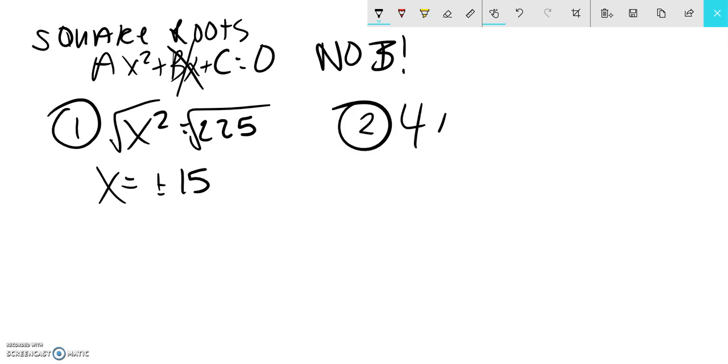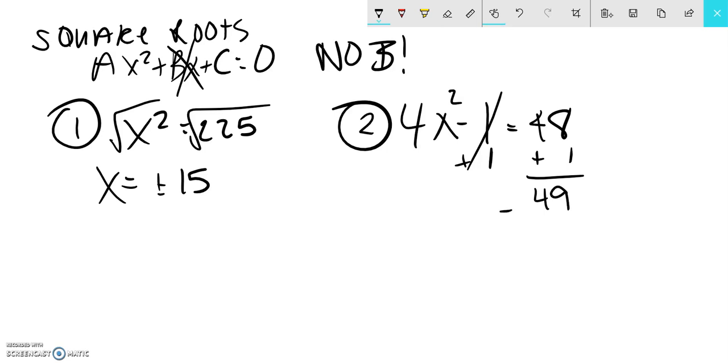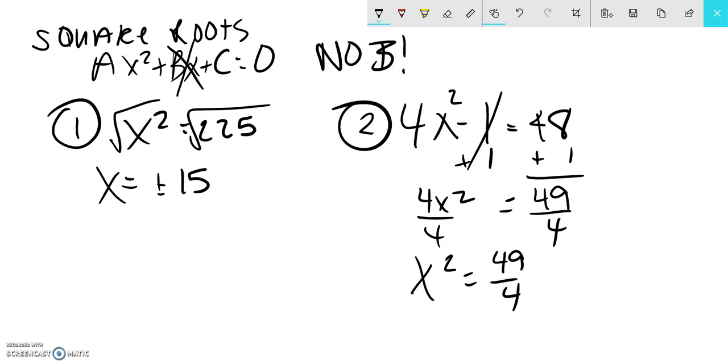What if I gave you 4x squared minus 1 equals 48? Again, notice how there's not anything x here. It's x squared. So I'm going to add 1 to both sides, like equation. I get 4x squared is equal to 49. I'm going to divide both sides by 4. So I get x squared is equal to 49 over 4.